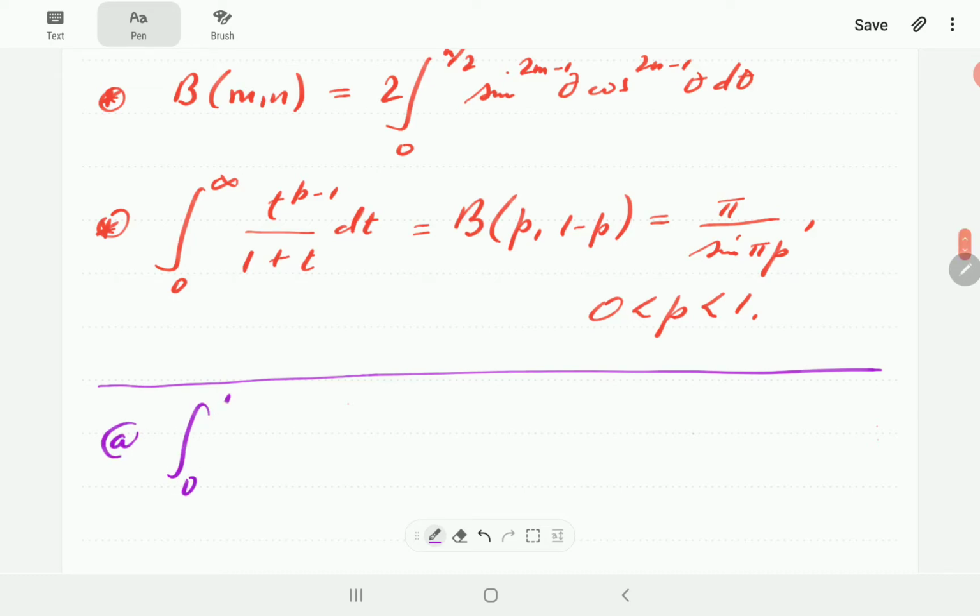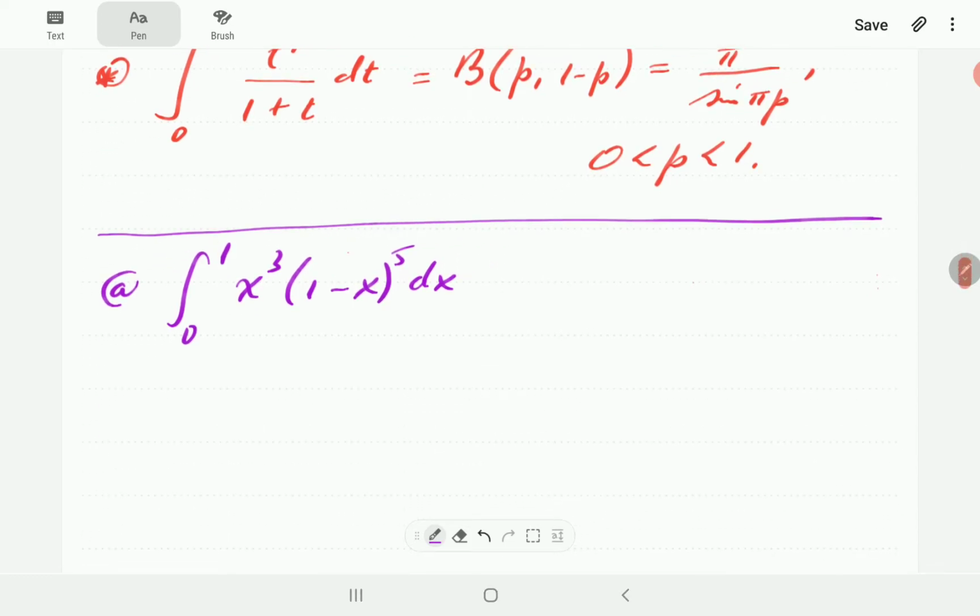So in the first one, we've got the integral from 0 to 1 of x cubed times (1 minus x) to the power 5 dx. This can be evaluated by expanding and integrating.